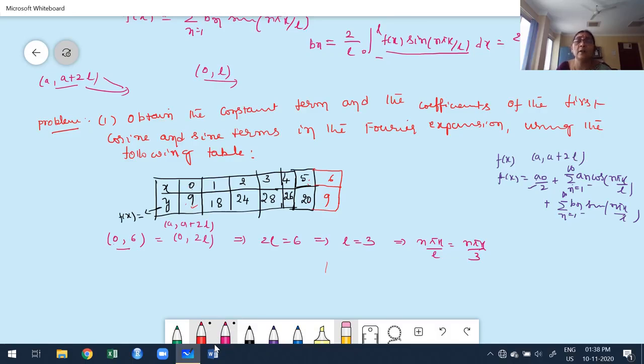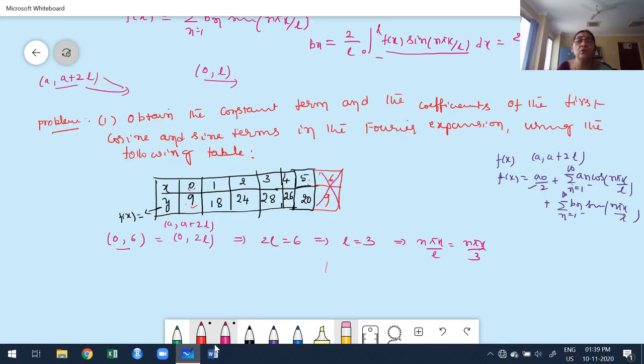Please try to understand that once you get the value of l, it is not necessary to take the repeated values. y is repeated two times. Either you neglect the first value or the last value, but calculation with 0 is easier compared to the last value.